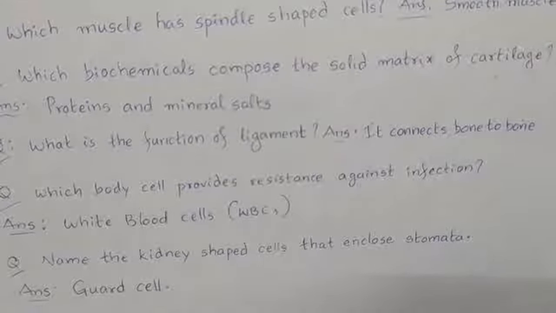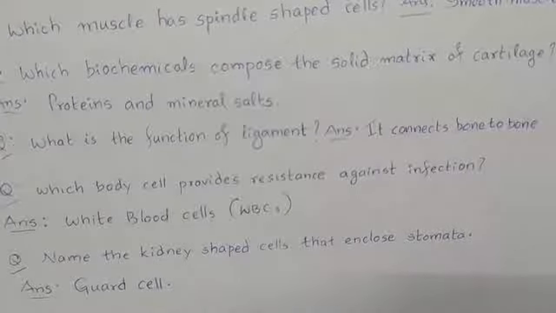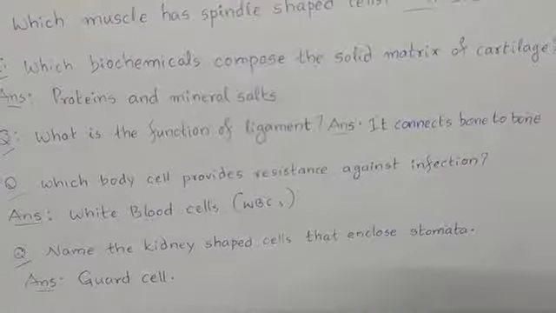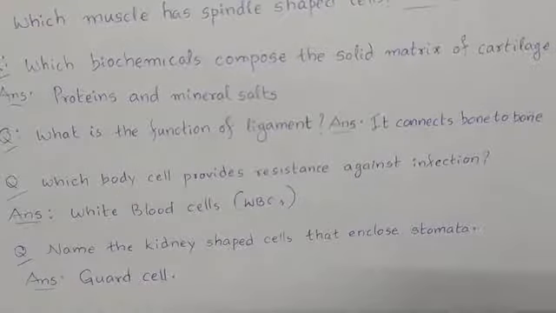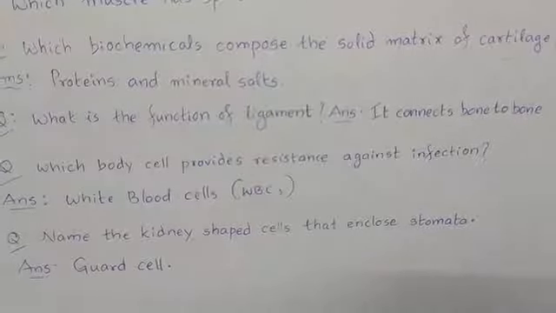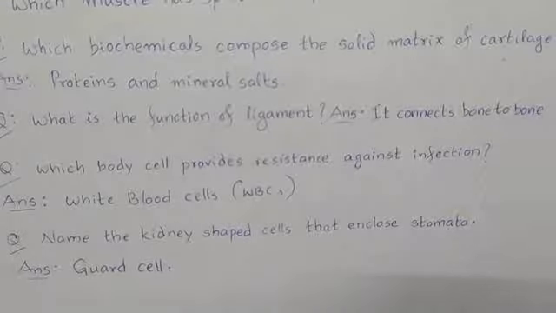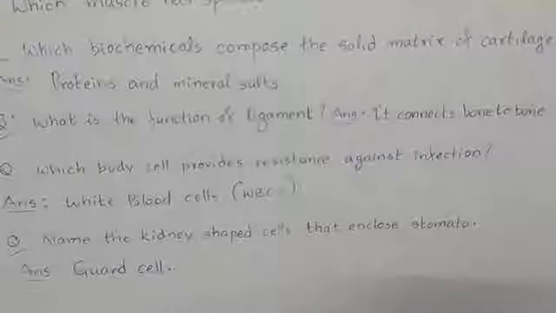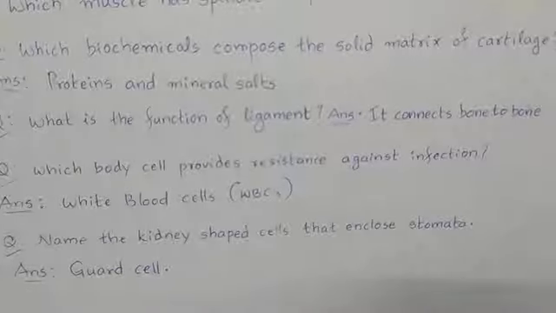If it were made completely of carbohydrates or completely of minerals, it would be highly rigid in nature. But cartilage is flexible because of the proteins present in it, and has some strength because of the minerals present in it. Both proteins and minerals provide flexibility as well as strength.